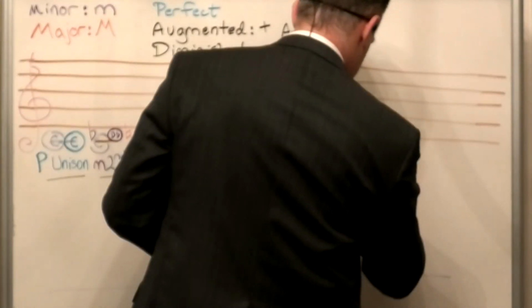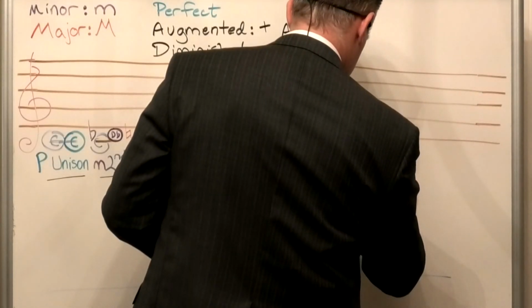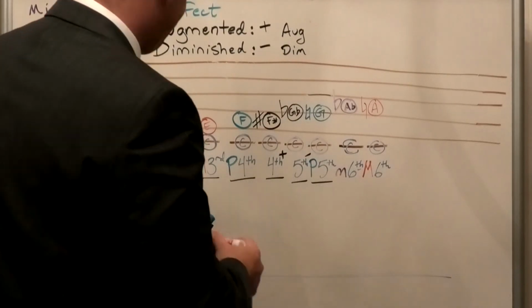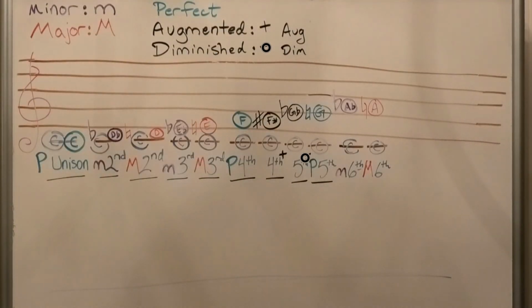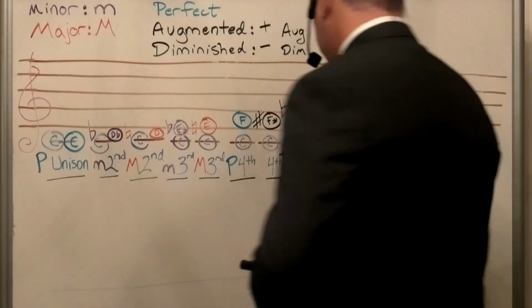So all our majors are in red. There's a major sixth. So you have a perfect fifth, minor sixth, major sixth. My bunny lies over the ocean. That's the major sixth.